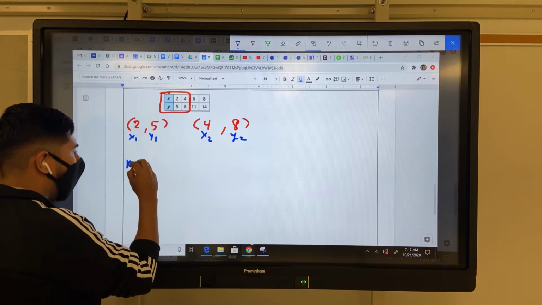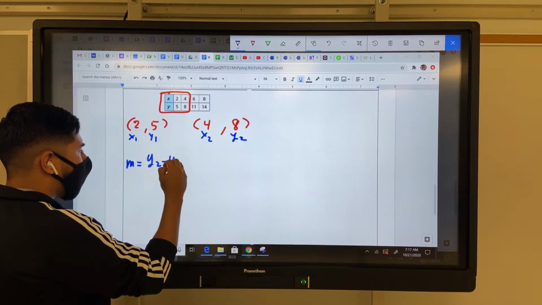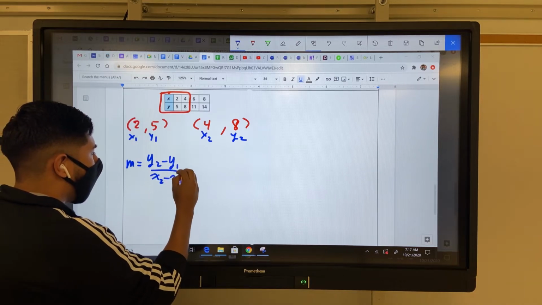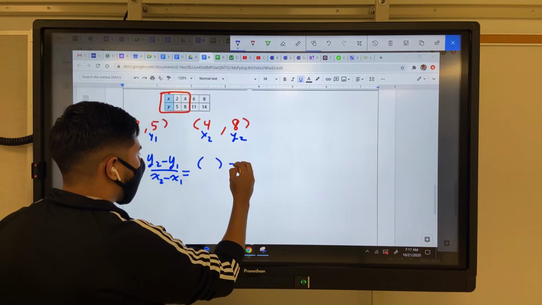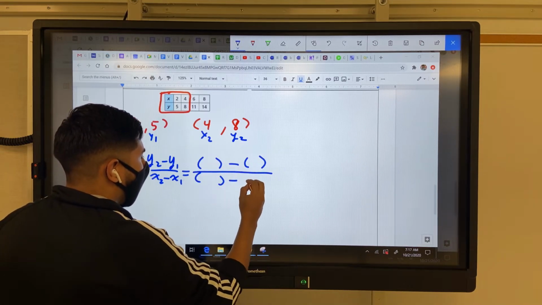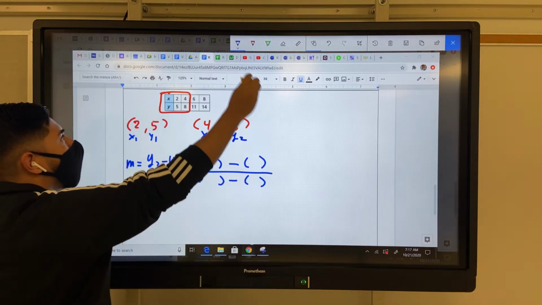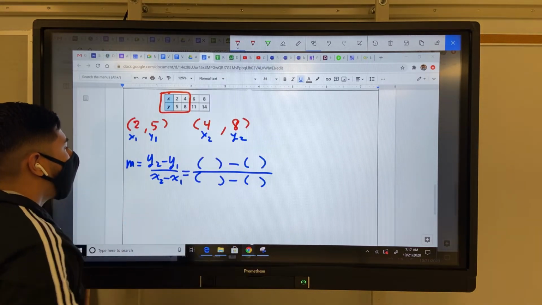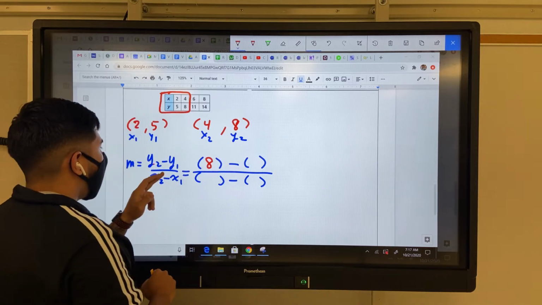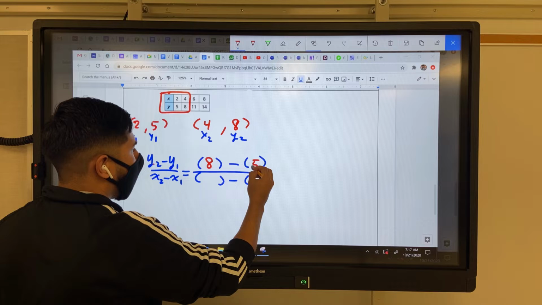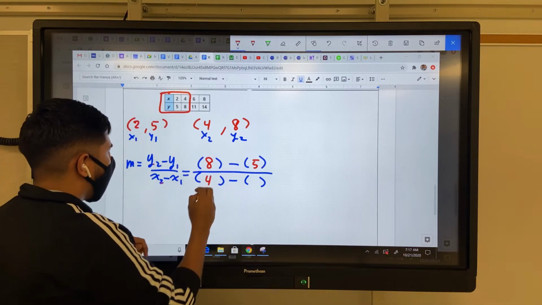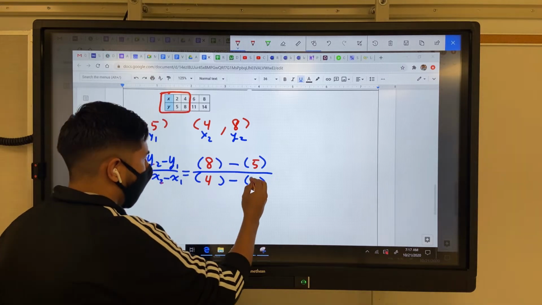Slope, m equals y2 minus y1 over x2 minus x1, parentheses minus, over parentheses minus. Again, we're doing y2, which is 8, y1, which is 5, x2, which is 4, x1, which is 2.